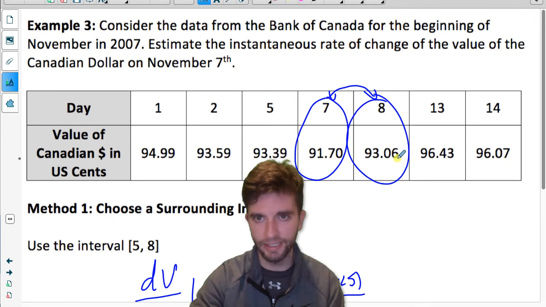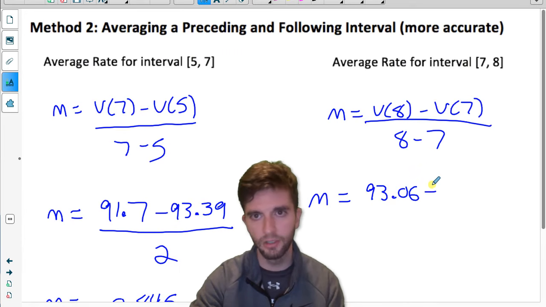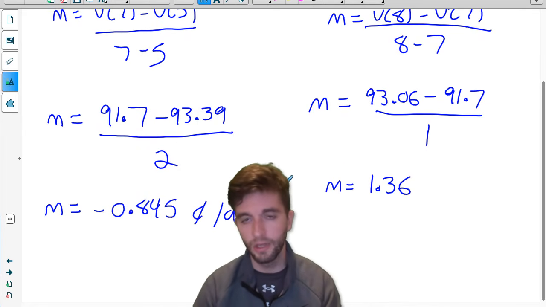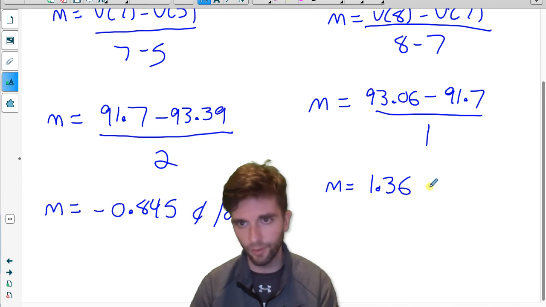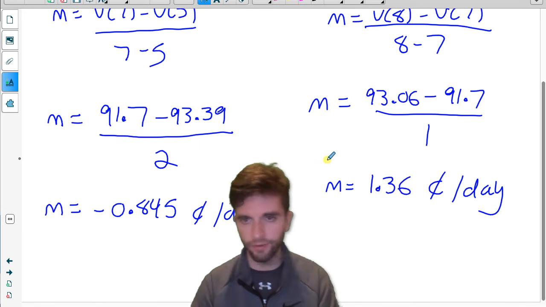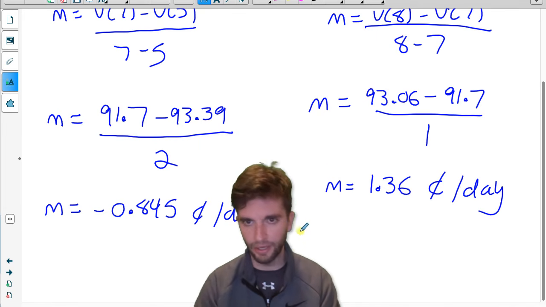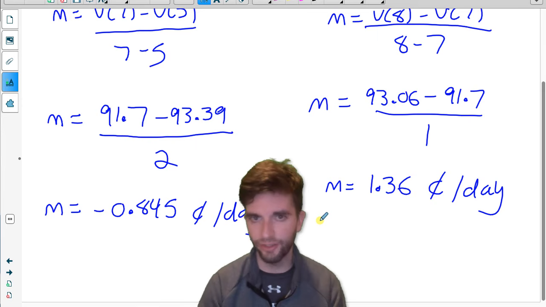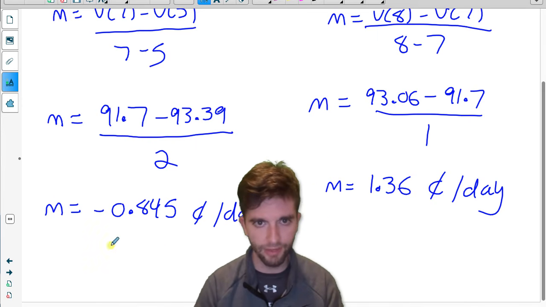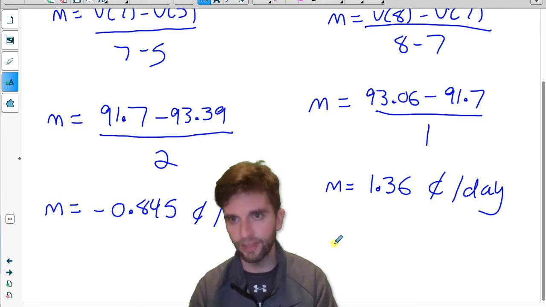And the value on day 8 was 93.06, and the value on day 7 was 91.7, and this is all over 1. And I get an average rate of change of 1.36 cents per day. So on that interval, the value of the Canadian dollar is actually going up by about 1.36 US cents per day. So on the interval before November 7th, the value is going down. On the interval after, the value is going up.